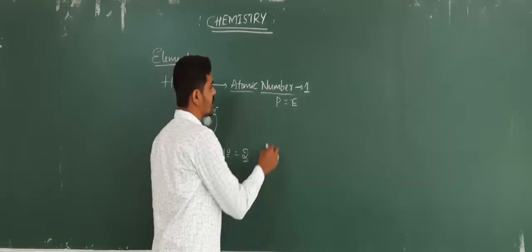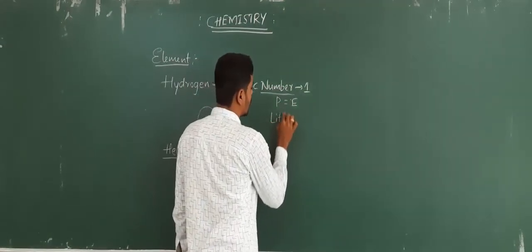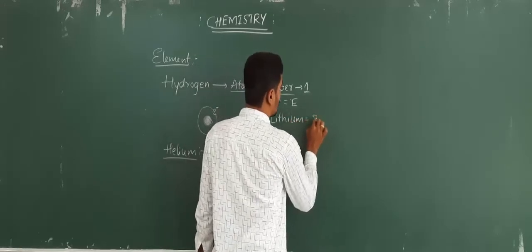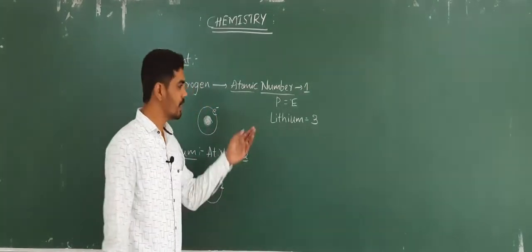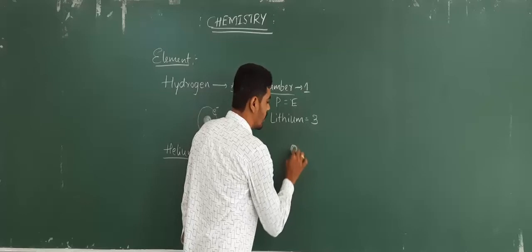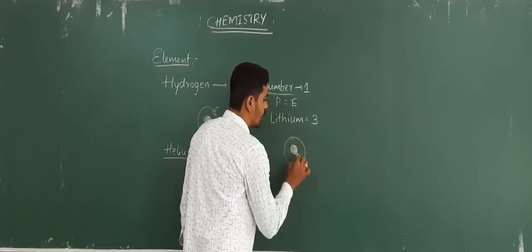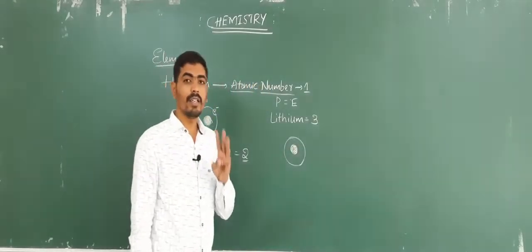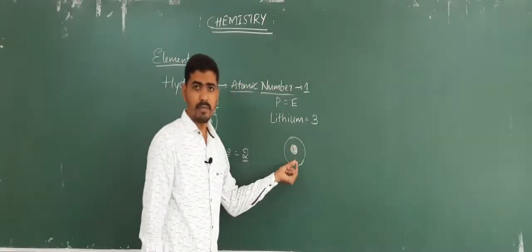Then let's consider another element, the third element, lithium. What is the atomic number of lithium? 3. Therefore the number of protons will be 3, and hence at the center we represent the nucleus, and in the first shell how many electrons are there? There are a total of 3 electrons. Now can we write 3 here?